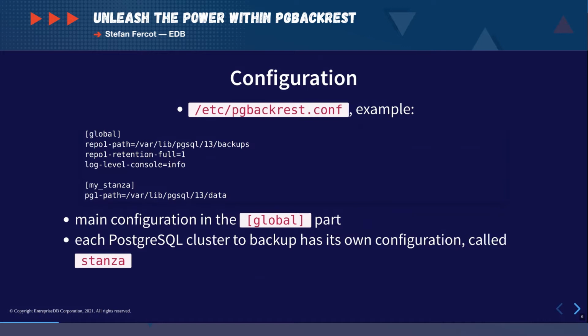The stanza is just the name of the section, but the name of the stanza that you use should be something meaningful for you and not simply localhost or production, because if you move your data somewhere else to test or restore, you will lose the meaning of where it comes from. So use a meaningful name. Here in my example, I just named it my stanza.